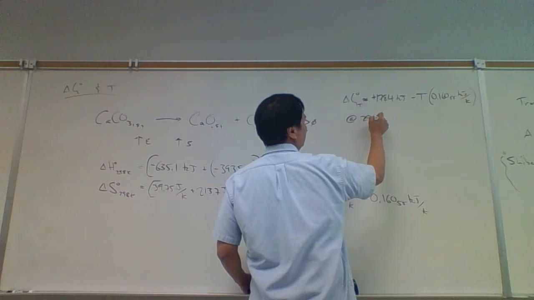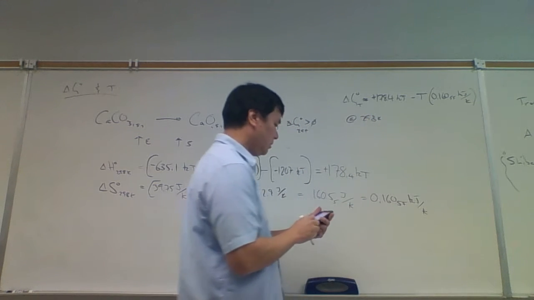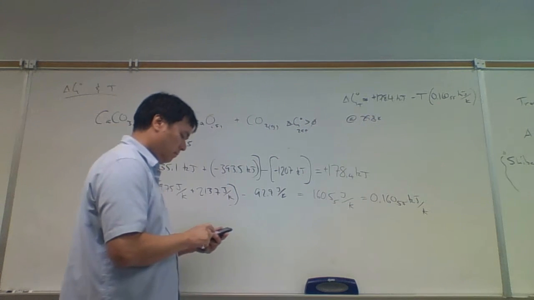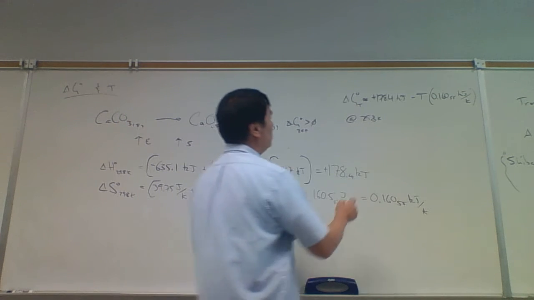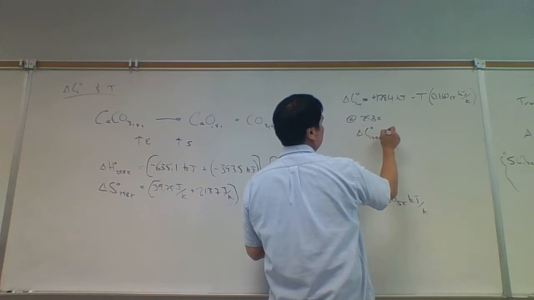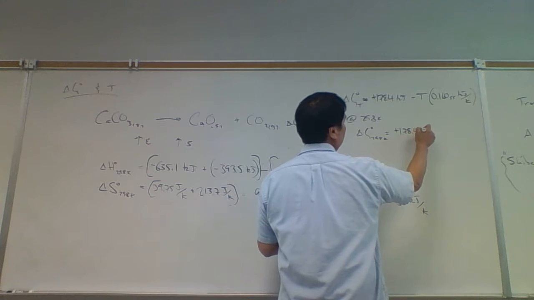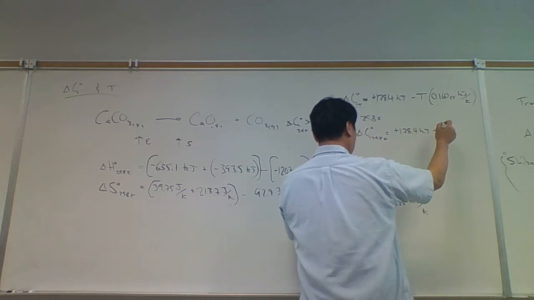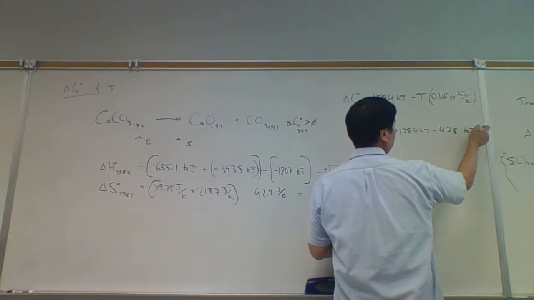is this spontaneous or not spontaneous? So we'll just go ahead and calculate it. Just throw in 298 in there, and we end up with this. At 298, delta G under standard conditions is equal to plus 178.4 kilojoules minus 47.8, I'll just carry one extra digit, 8 kilojoules.